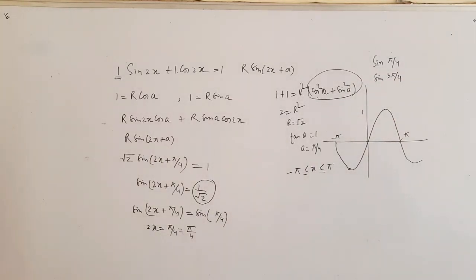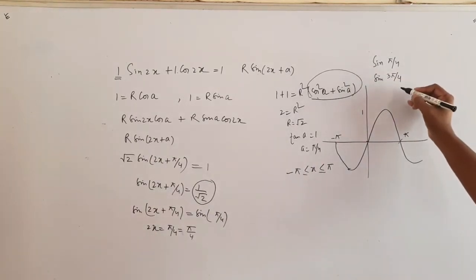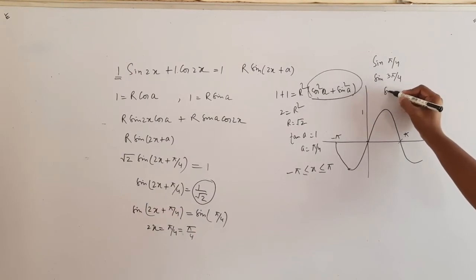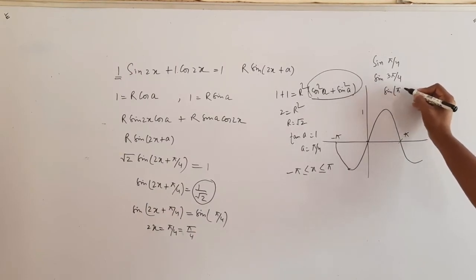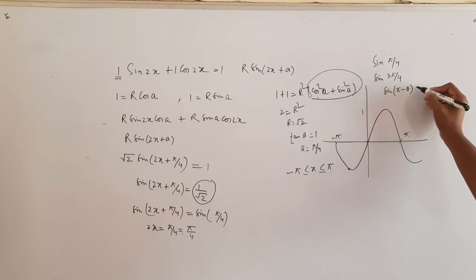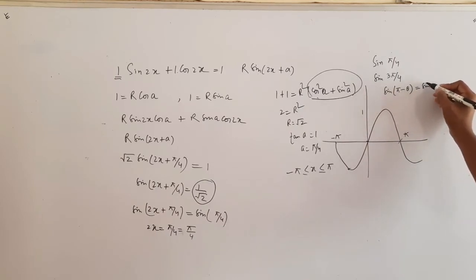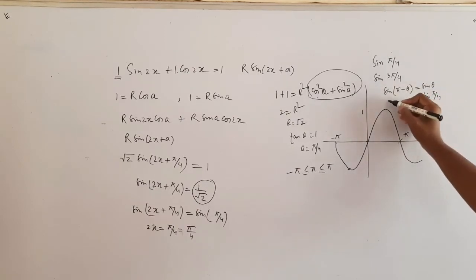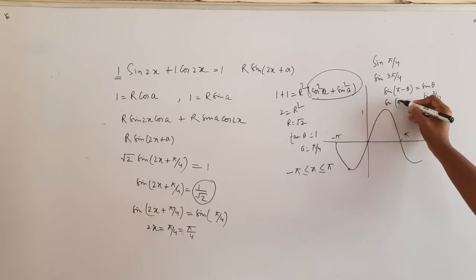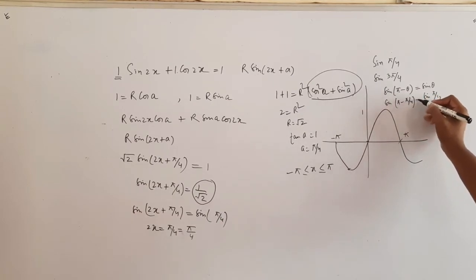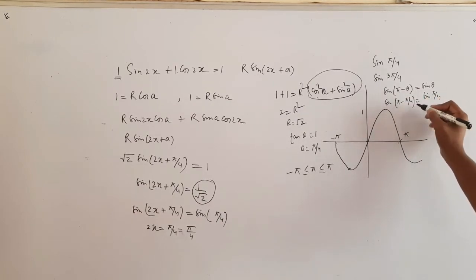How? Because sine (pi minus theta) is sine theta, and you put here pi by 4. So this is sine pi by 4, and this is sine (pi minus pi by 4). So this is your 3 pi by 4.